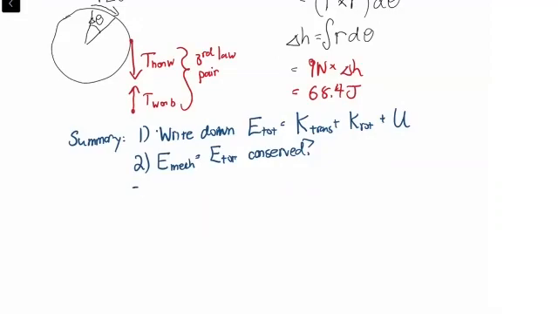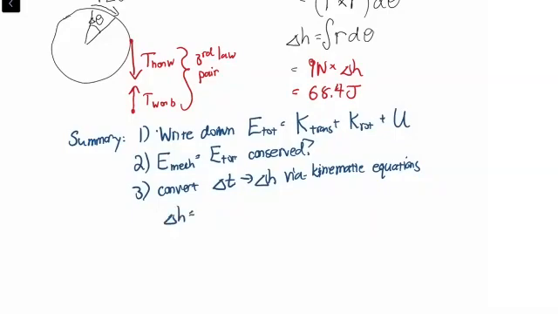And three, convert delta T to delta H via the kinematic equations. Okay, so delta H equals 1/2 a delta T squared under constant acceleration. Okay.